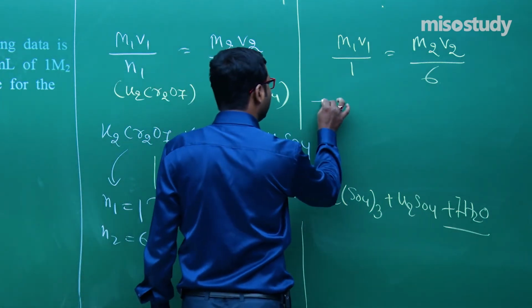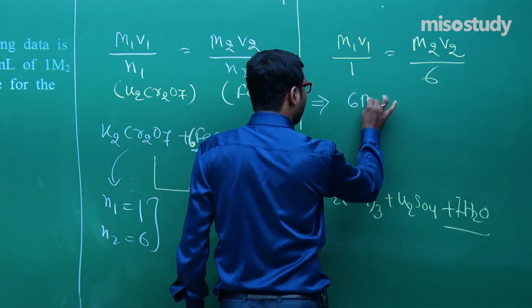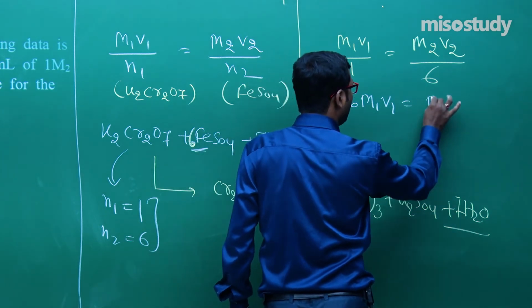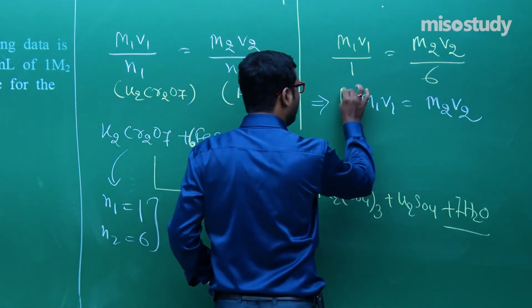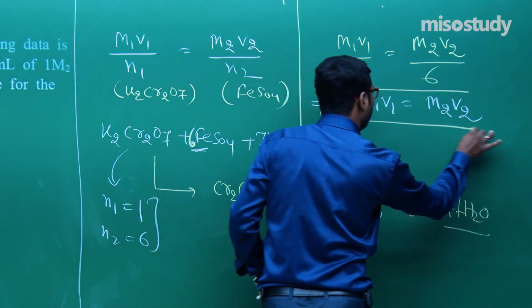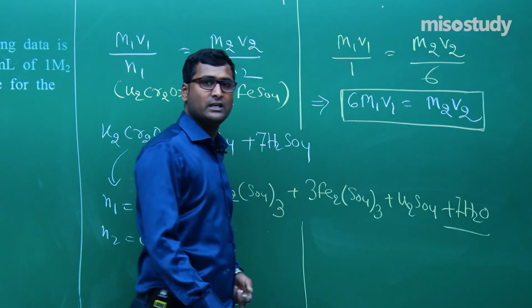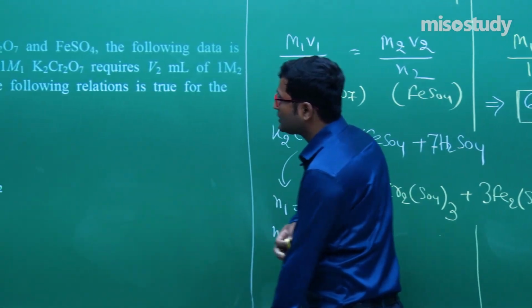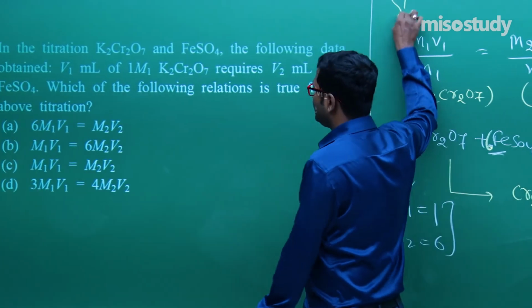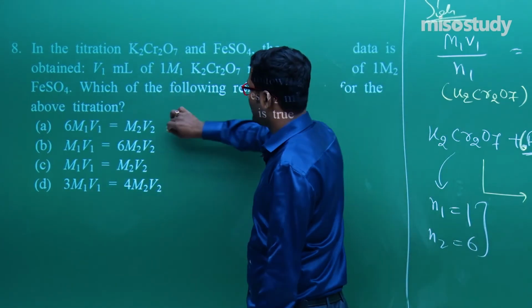So we can say 6M1V1 is equal to M2V2. This is the complete question. Now check it out, what is the relation here? That is 6M1V1 is equal to M2V2.